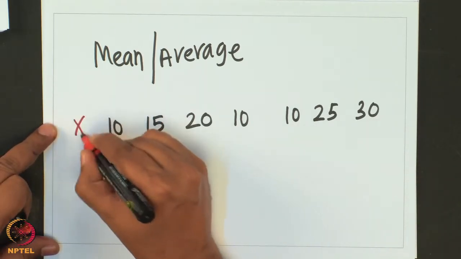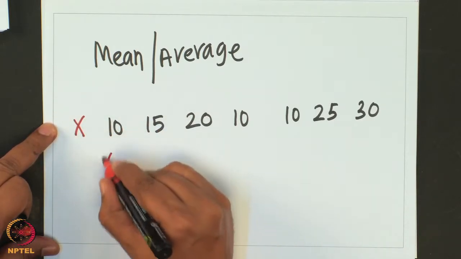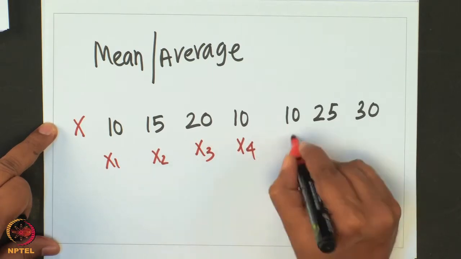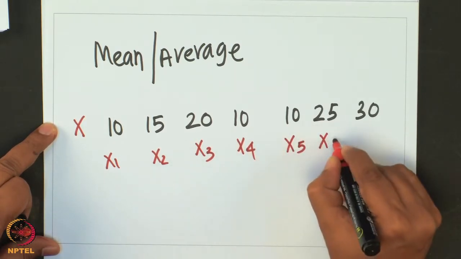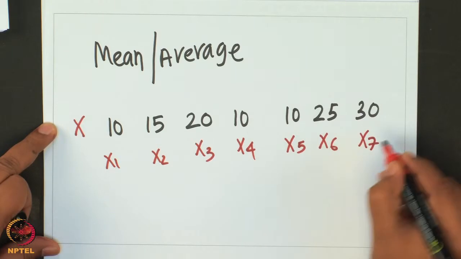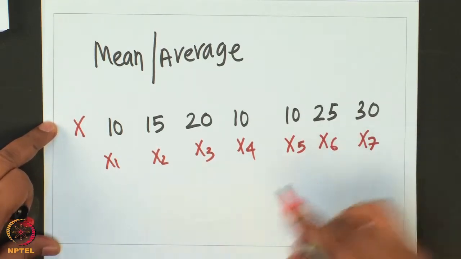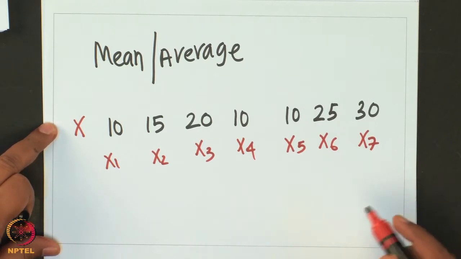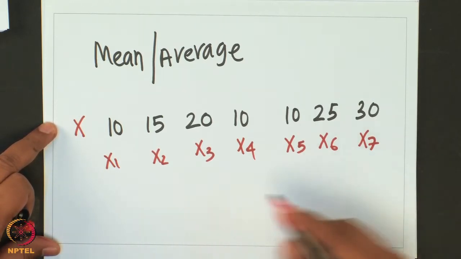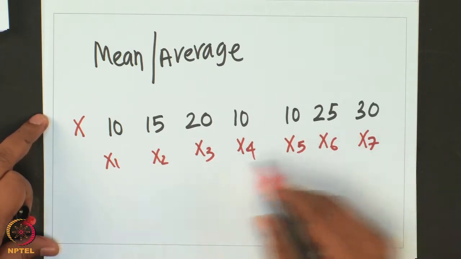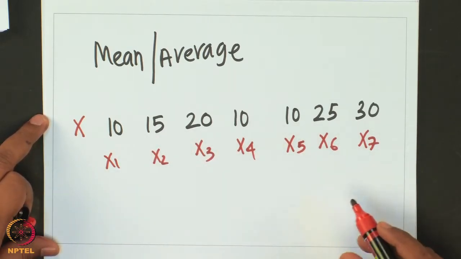Let me call this x, so this is x1, x2, x3, x4, x5, x6, x7. This is a quantity that you measured either in 7 different individuals or 7 different cells, whatever the context. We have 7 numbers and we want to convey the meaning of this.